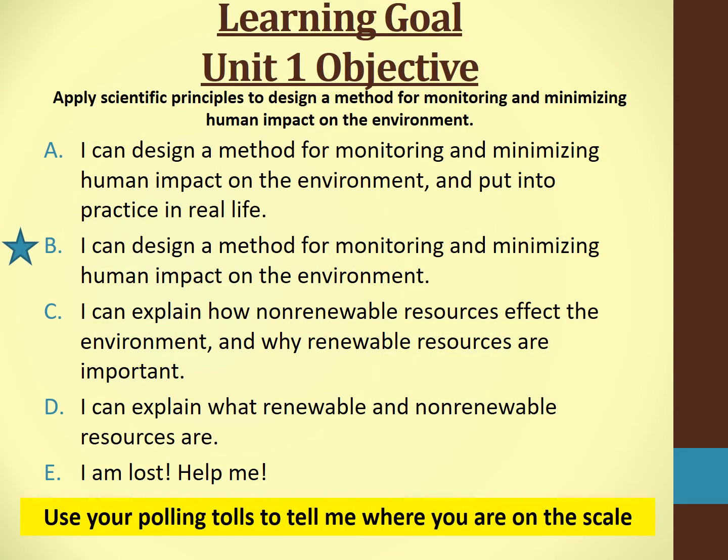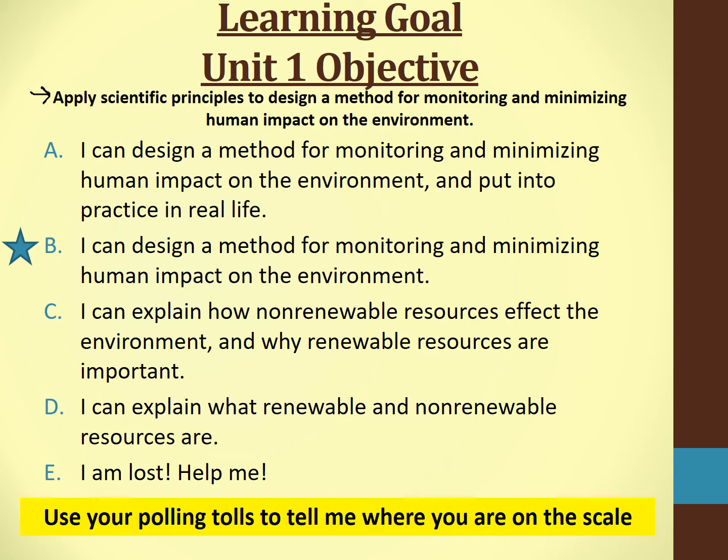Here's our learning goal or our target, what we want to learn in this unit. Up here at the top, you can see the bold writing. That is the state standard, meaning that by the end of the unit, this is what the state of Oklahoma and I, as your teacher, would like you to be able to do.